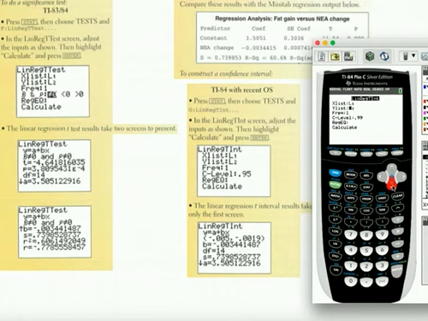If we wanted to do a 95% confidence interval, we would do 0.95 and then calculate. And whenever you do that, you've got your lower bound, your upper bound. They give you your degrees of freedom, give you your A and your B, pretty much everything else that you need from there.